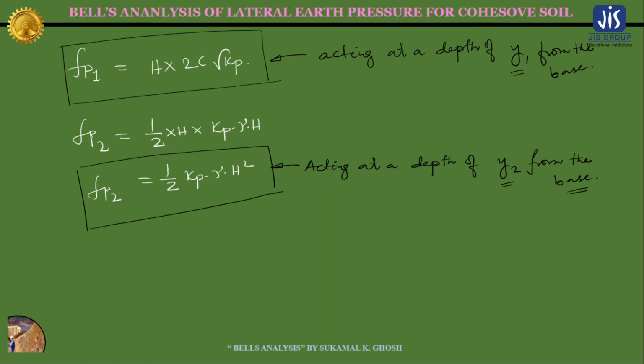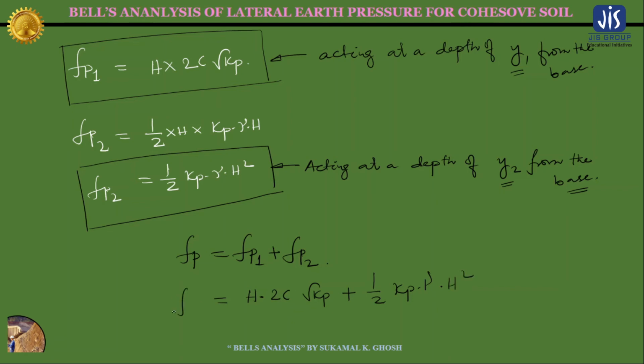Okay, now what is the total resultant force? See, the total resultant force, that is Fp, is Fp1 plus Fp2. Okay, so the Fp1 is h into 2c square root of Kp, and the Fp2 is half into Kp into gamma into h square.